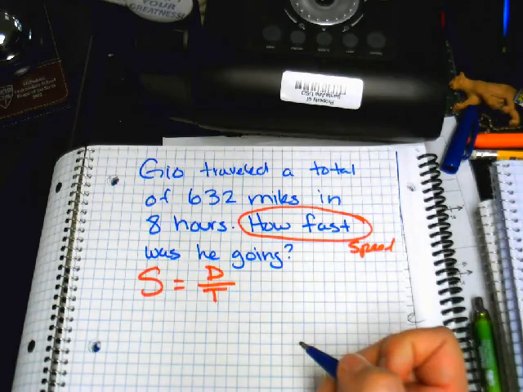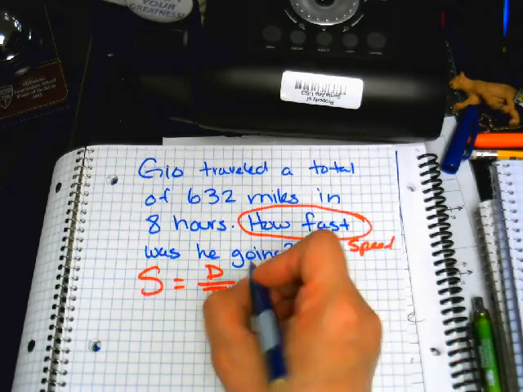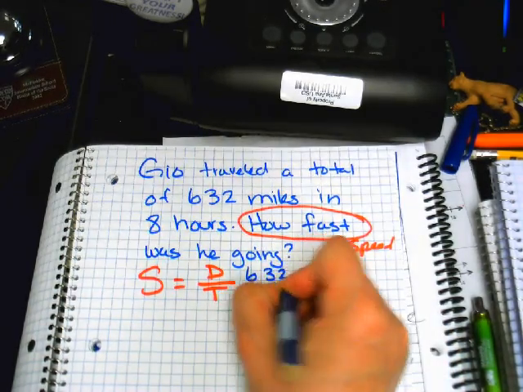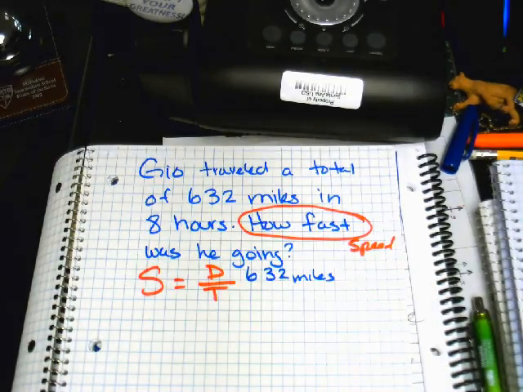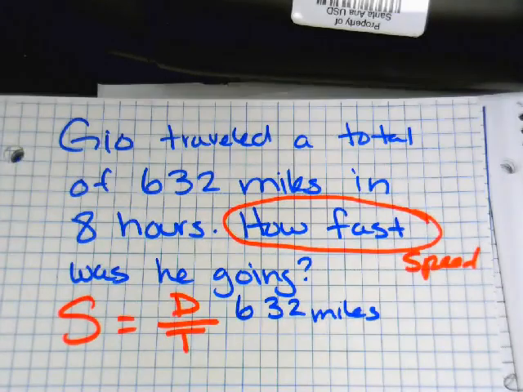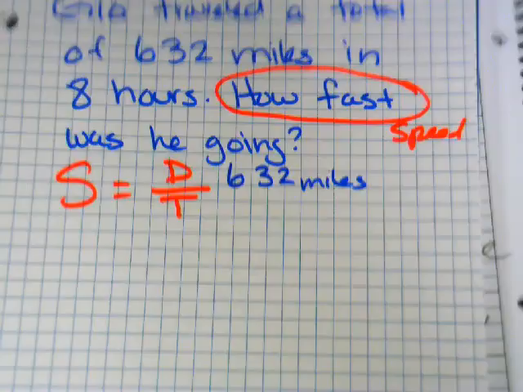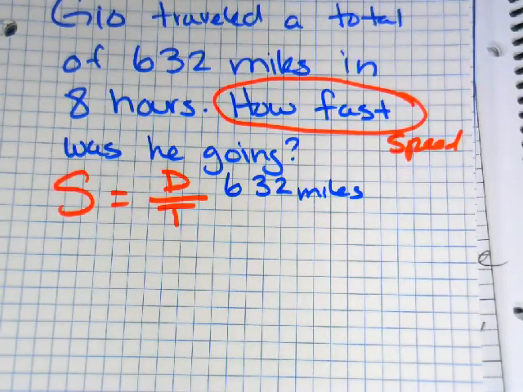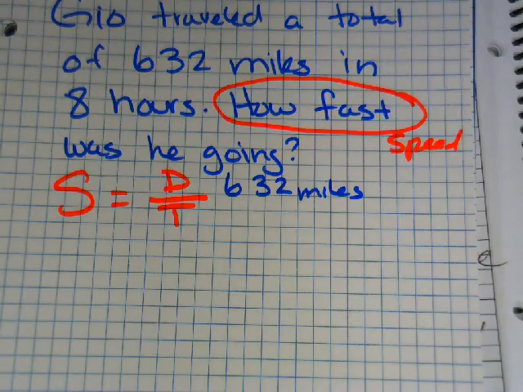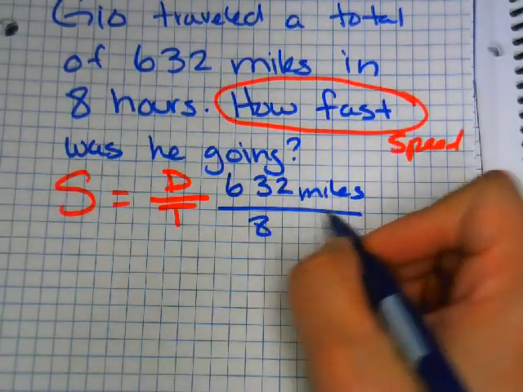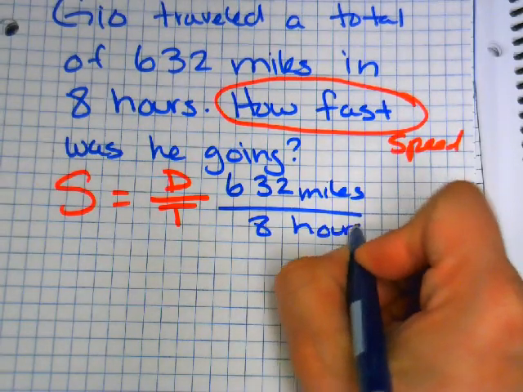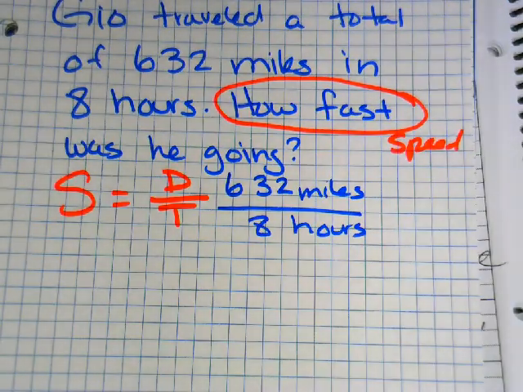What's our distance? 632 miles. The more you put the units, I believe the easier it's going to be for your final answer to have the correct units. If you just write 632, your units might be wrong at the end of the day. Divided by 8 what? Hours. Okay. So let's do the math.